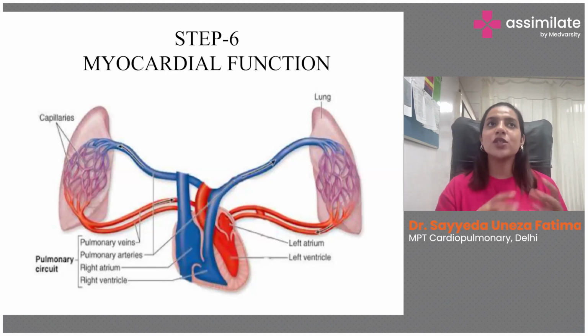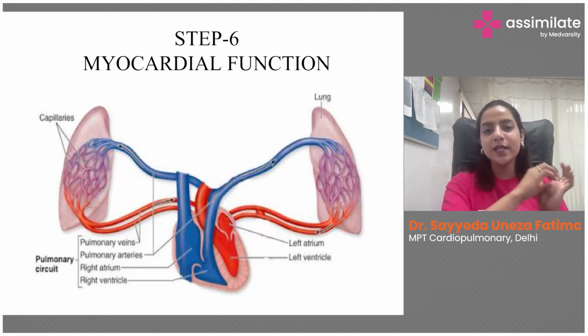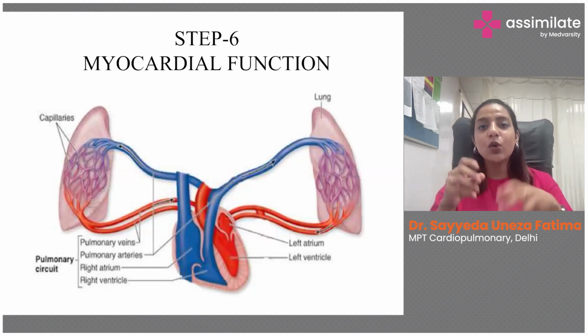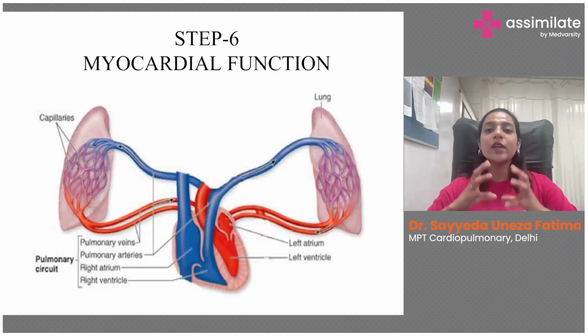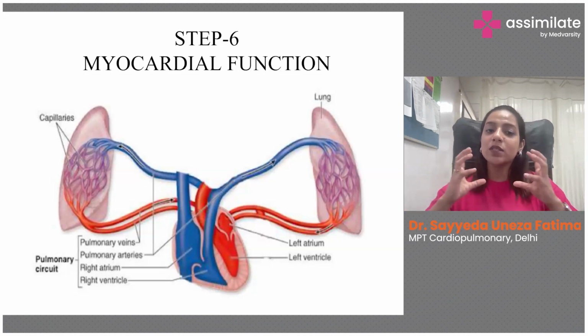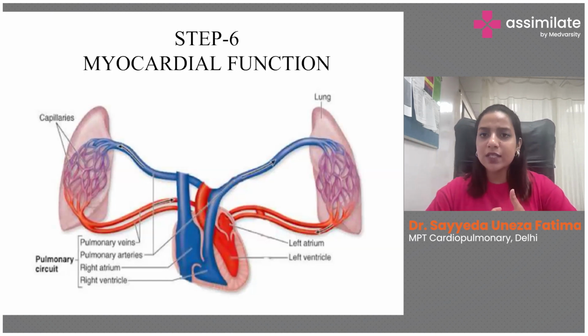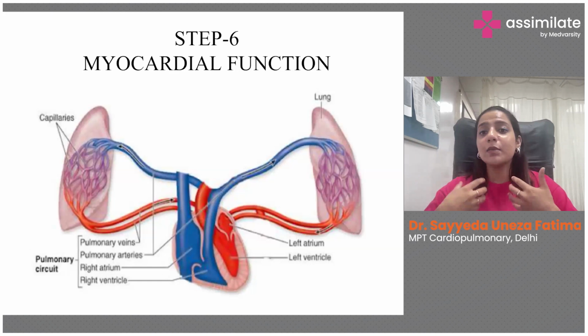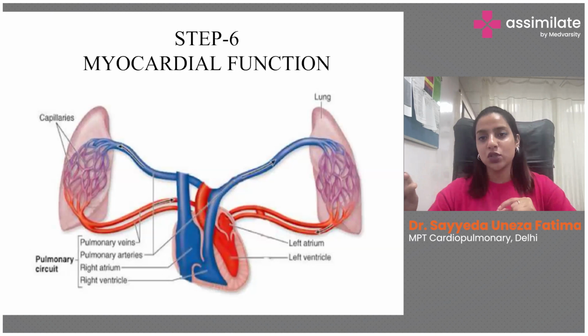Now imagine the diffusion happened, the hemoglobin bound to the oxygen, and now it is getting transferred to the heart in order to be pumped out to the whole body, but the heart was not effectively pumping. There was some problem in the heart, like heart failure, coronary artery disease, or cardiac arrest. If that happens, then the blood, which is already oxygen rich, cannot reach the vital organs, leading to circulatory hypoxia.